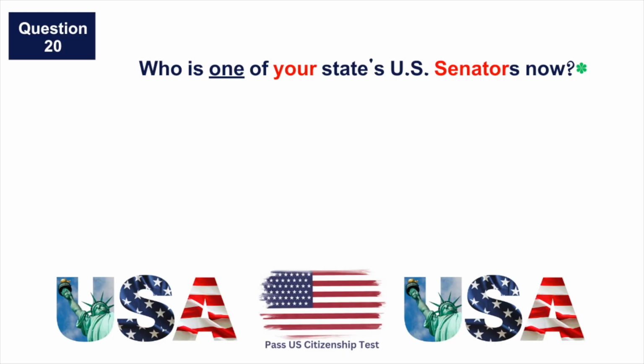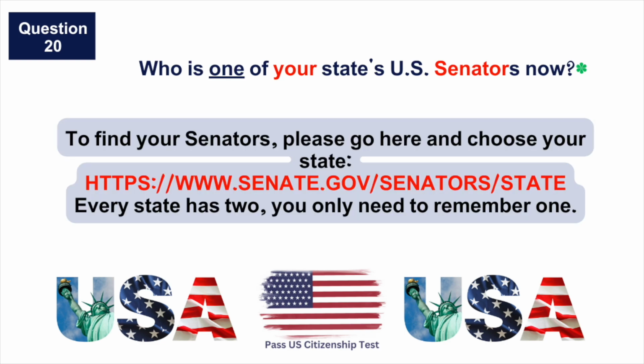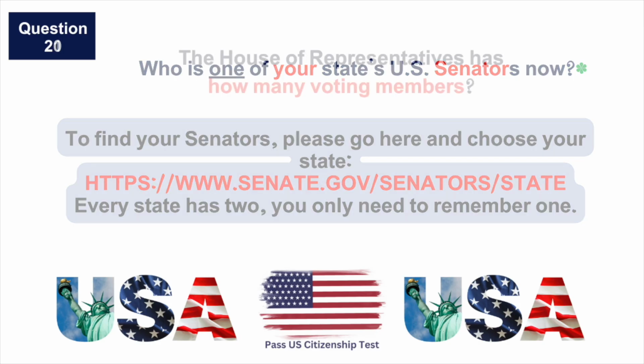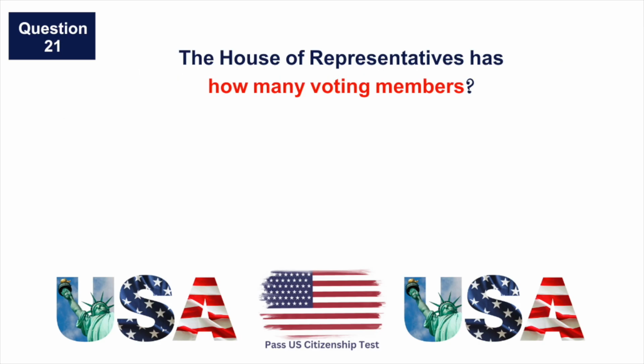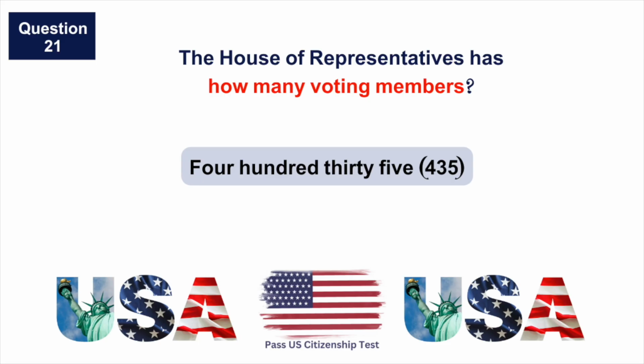Who is one of your state's U.S. senators now? The House of Representatives has how many voting members? 435.